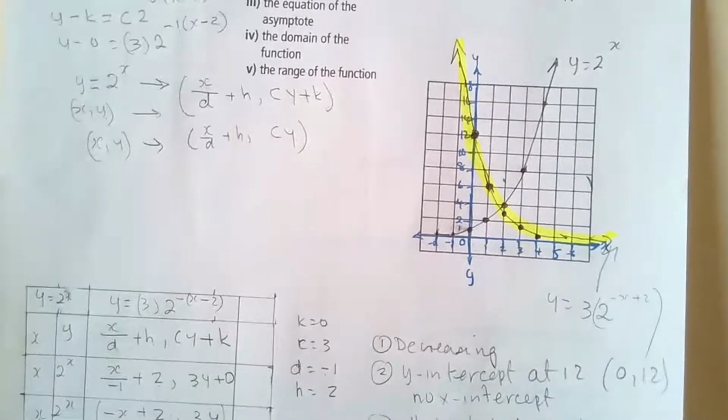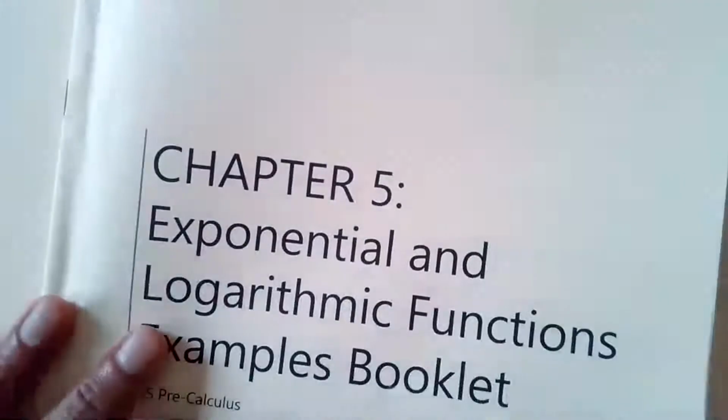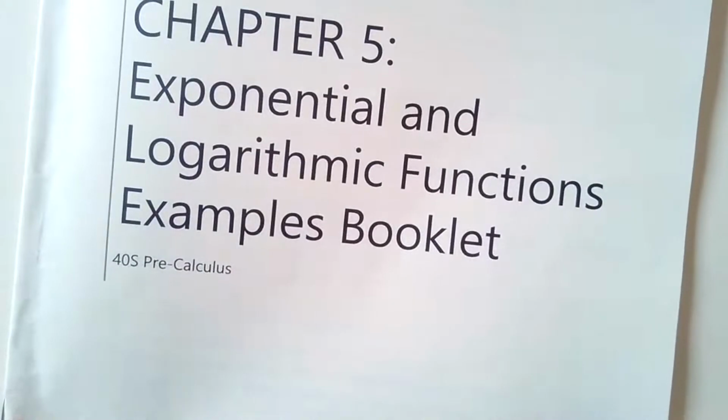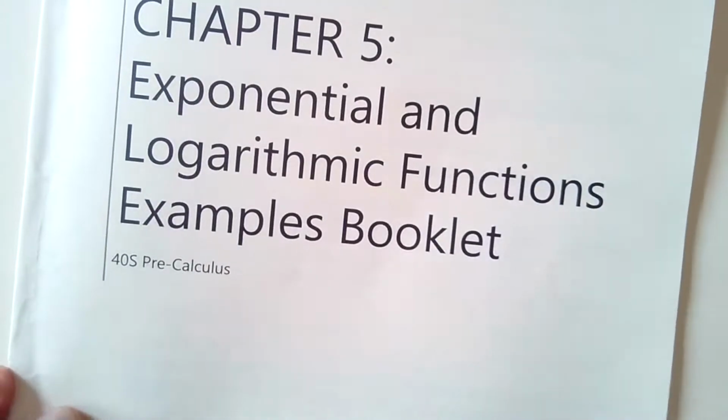I'll look at one last example for today, and it's found in your example booklet. And I'm referring to, now I haven't covered any of the e to the x.